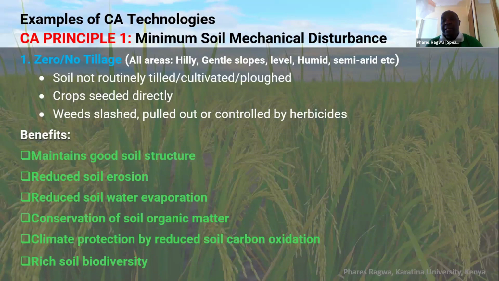Then if we reduce the cultivation and reduce the oxidation of the carbon compounds, the soil organic matter, we also contribute to climate change protection, because when you oxidize carbon compounds, you end up having carbon dioxide, which is one of the most important greenhouse gases.